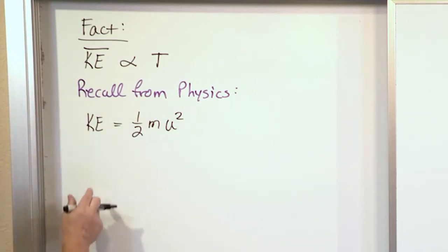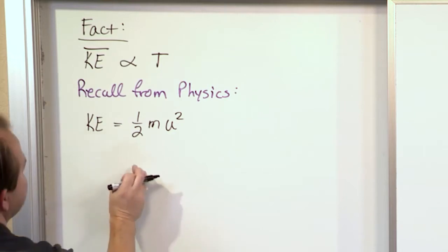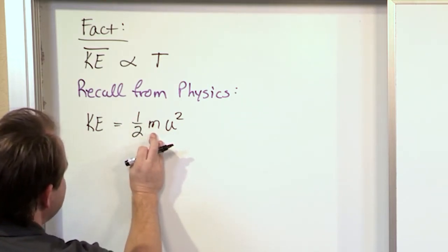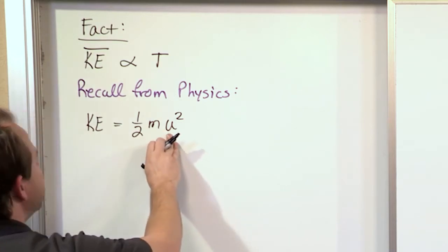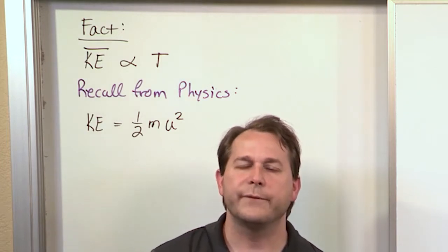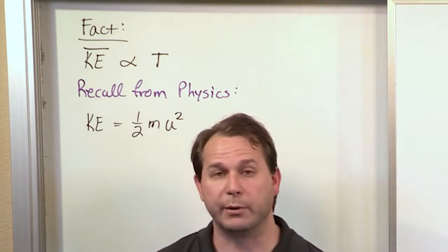So what this is telling you is the kinetic energy, or how much energy of motion a molecule has, is the number 1/2 times the mass of the molecule, in kilograms or whatever, times its speed in meters per second. Now from physics you may have done this calculation many times. This equation applies to bowling balls.